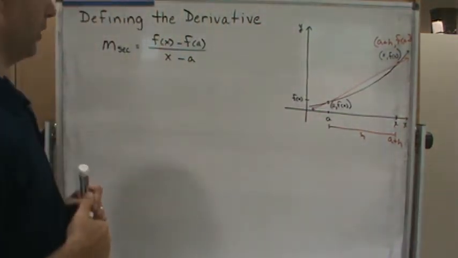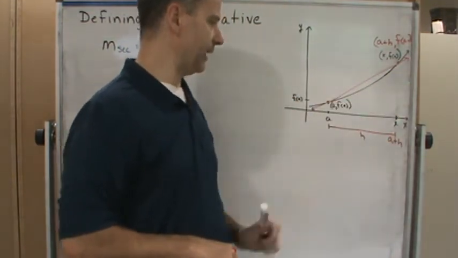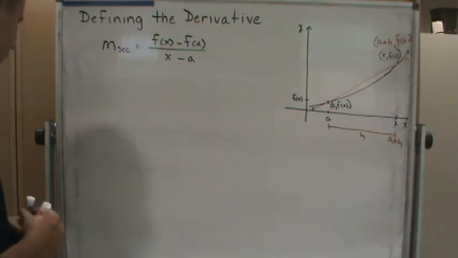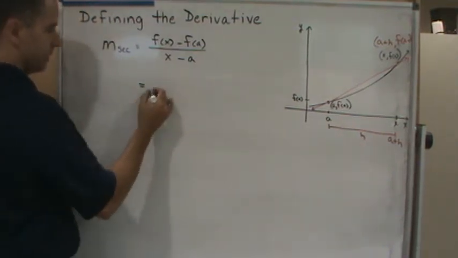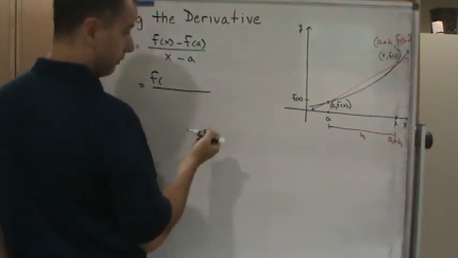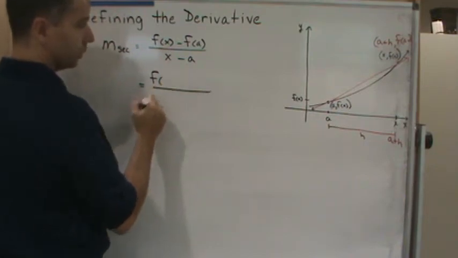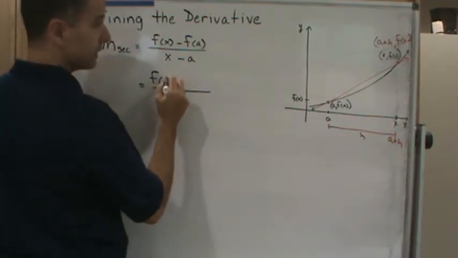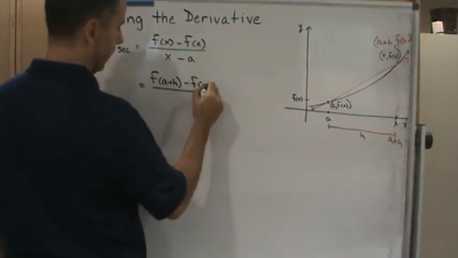If we use this notation using h instead of x and a, what will happen to our formula? The numerator will become f of a plus h minus f of a.